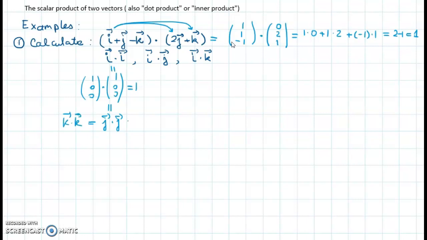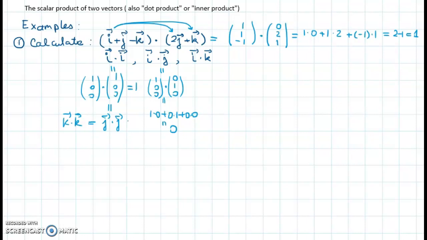On the other hand, if we consider, for instance, i dot product j, then we have 1, 0, 0 multiplied by 0, 1, 0. Since the ones are in different coordinates, we are just going to get 0. This is 1 times 0 plus 0 times 1 plus 0 times 0, so this is equal to 0.